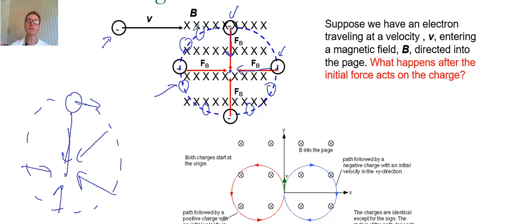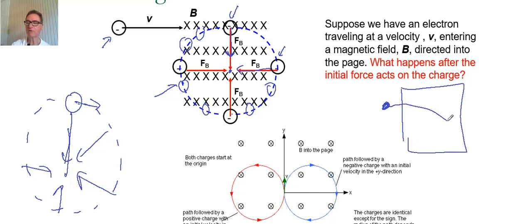So if the magnetic field is a small magnetic field, it's probably not going to be able to go in an entire circle, but it will go in a curved path as it's going through that magnetic field. So if this was my electron and this was my magnetic field over here, when it hits this, it's going to start curving.